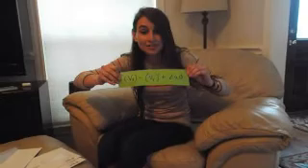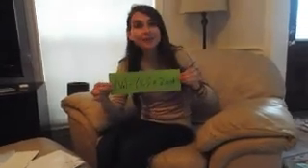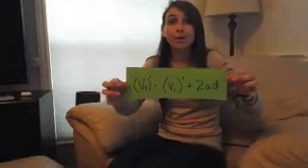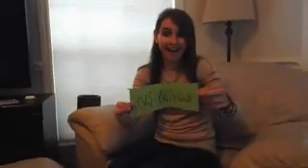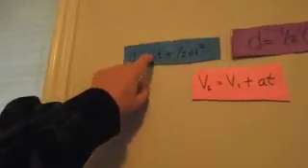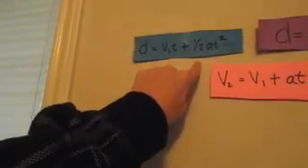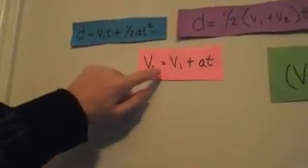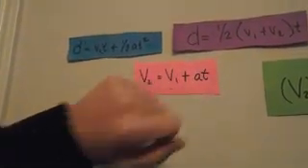It's another clue. V2 squared equals V1 squared plus 2AD. We got all 4 clues. We have D equals V1t plus 1/2 AT squared. We have V2 equals V1 plus AT.